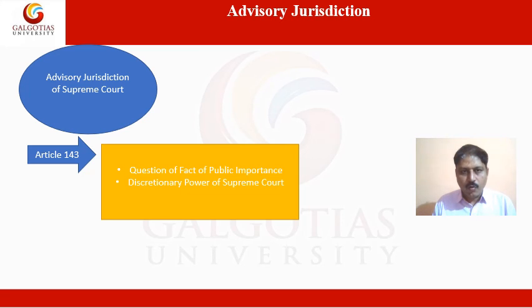The executive cannot force the Supreme Court to give its opinion on any matter. The court has discretion in the matter and may, in a proper case and for good reasons, decline to express any opinion on the question submitted to it.